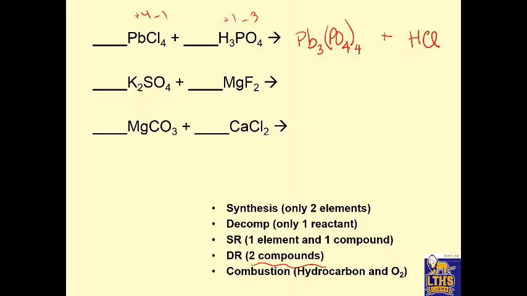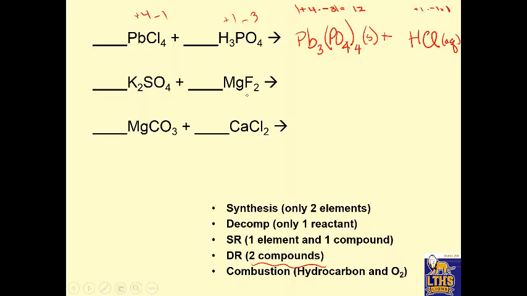Now, how do I know which one of these is a solid and which one's aqueous? Well, a +4 times a -3 gives me a whopping 12. That's much greater than 4, so that's going to be solid. And I can assume this is aqueous, but it's a +1 and a -1, so I get 1 as absolute value, so I can make it aqueous.